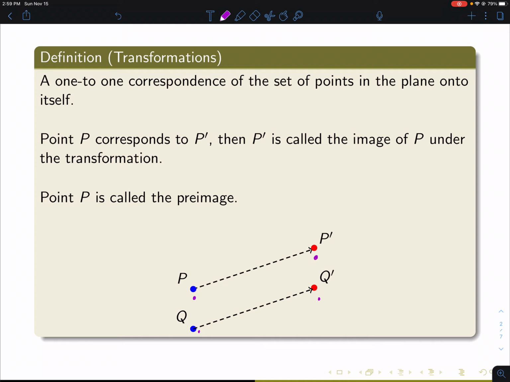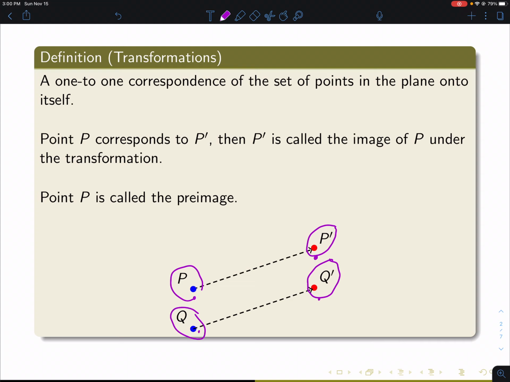At this point, we're not talking about how the movement takes place. That will occur later. The image is always going to be the prime, so in this case P prime and Q prime are the image, wherever the transformation moved the point. And P and Q are called the pre-image, because that's before they were moved.